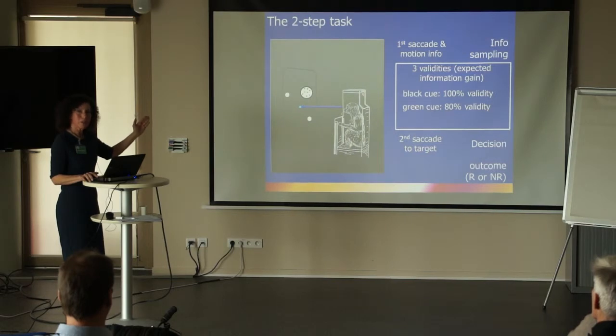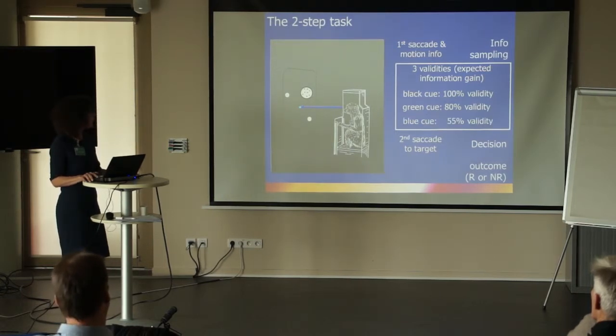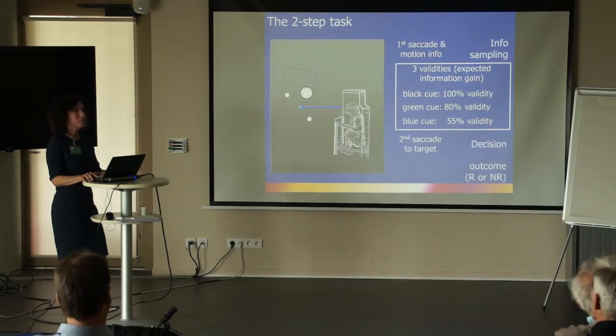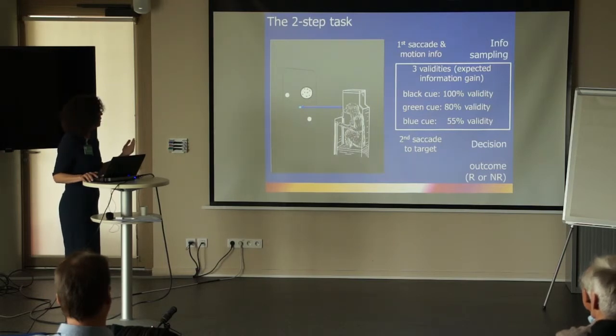Sometimes, in 20% of the trials, it said go to the lower target, but the reward was in fact at the upper target. And then we had another cue that had a blue border, and that was 55% validity, so slightly above chance. These cues were highly familiar, so the monkeys knew their statistics and their reliabilities, and these remained constant across the experiment for the monkey.